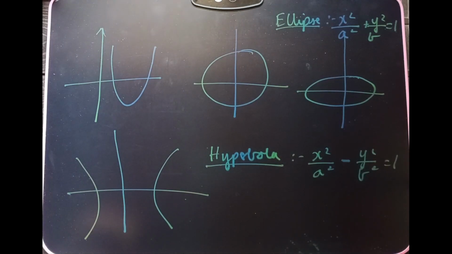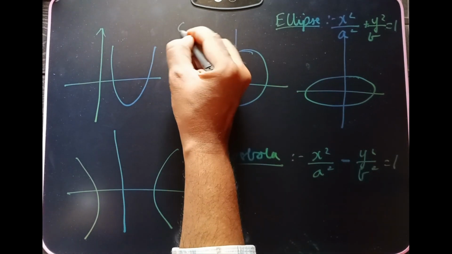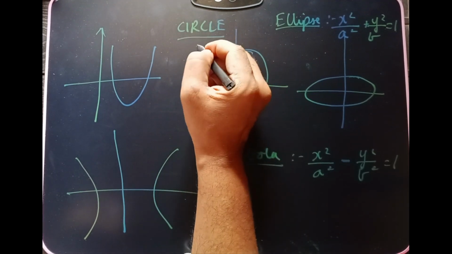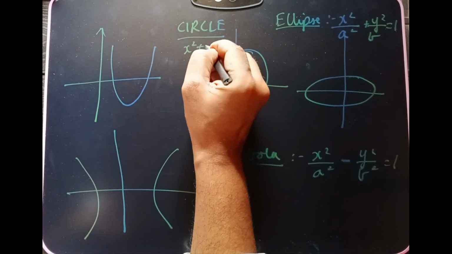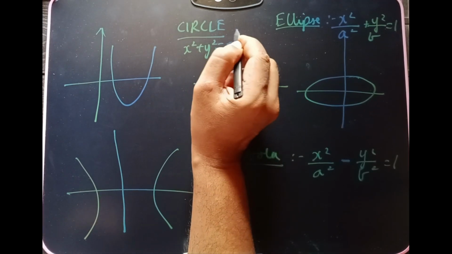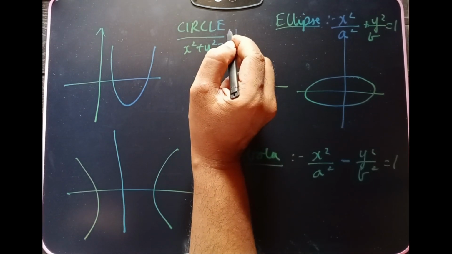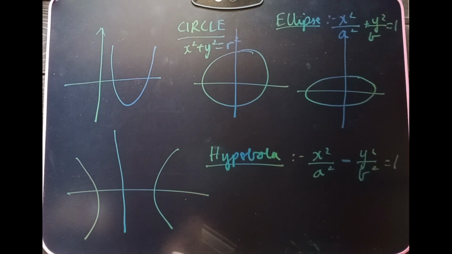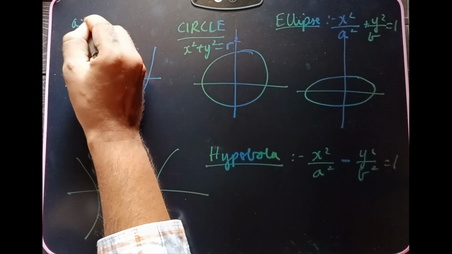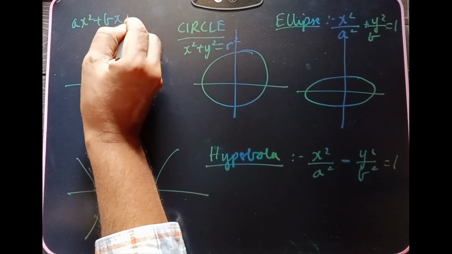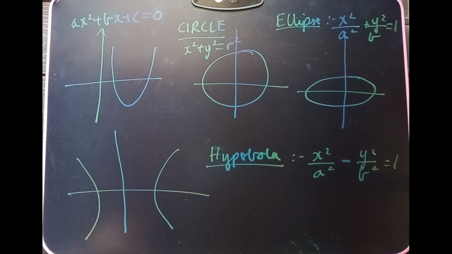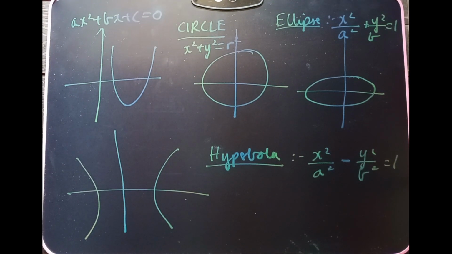For a circle, we have seen x square plus y square is equal to r square. And for a parabola, you can write it as ax square plus bx plus c is equal to 0. Okay, this is all for quadratic equations.